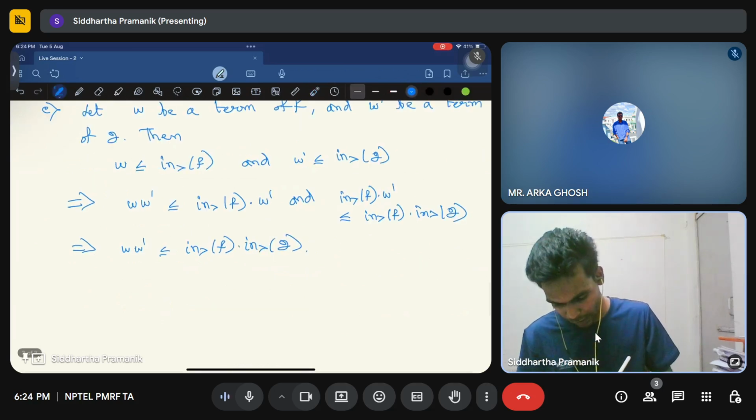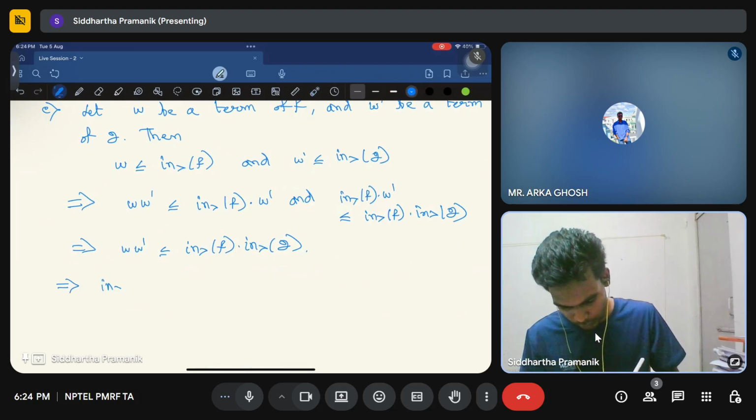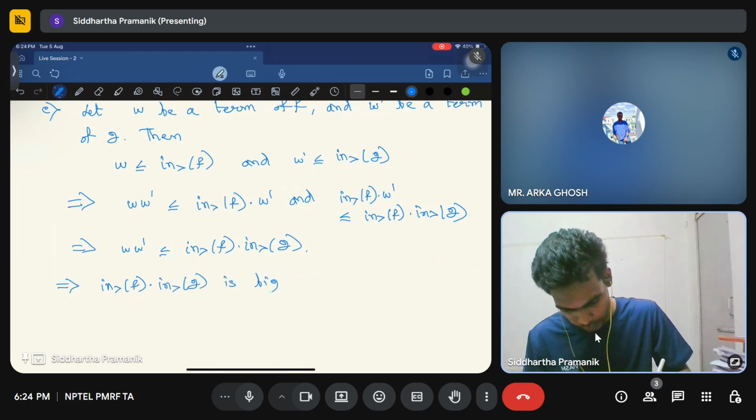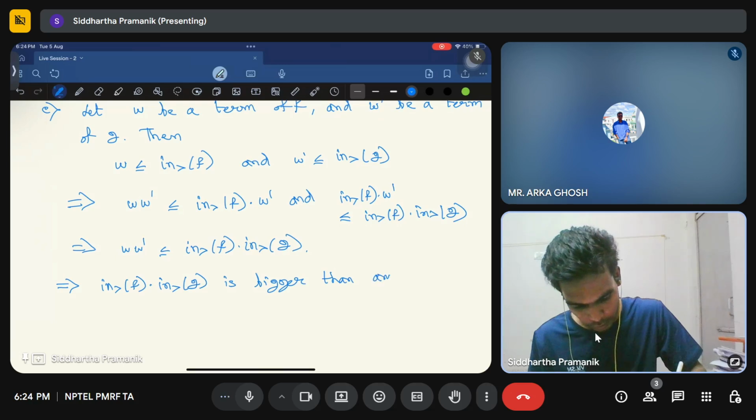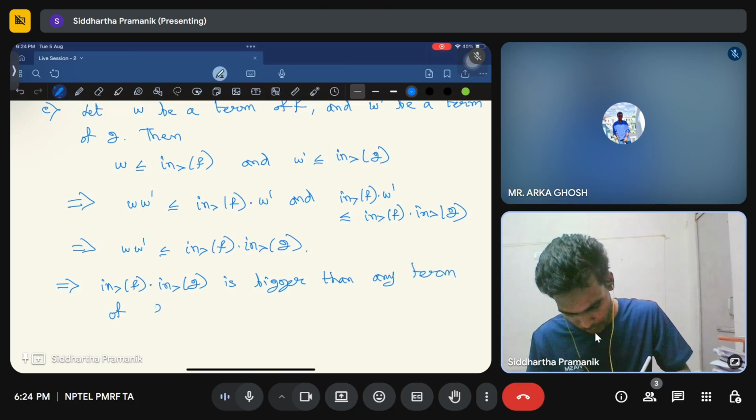So this implies the initial of f times the initial of g is bigger than any term of the polynomial f times g.